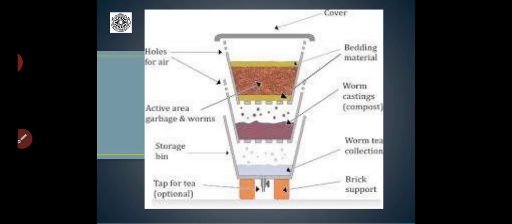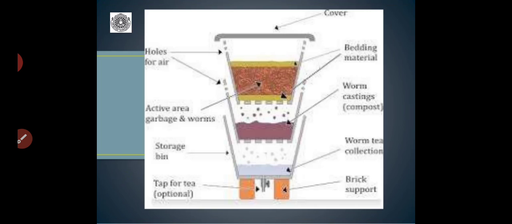As I said earlier, it can be a wetted gunny bag. And on the topmost container, as you see here, there are some holes for proper aeration, and that is also seen in the next chamber.